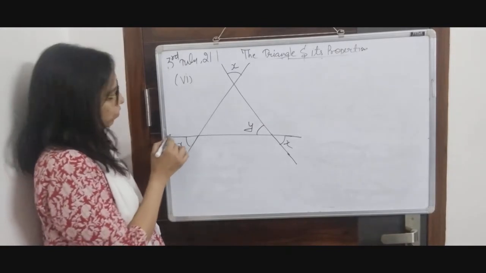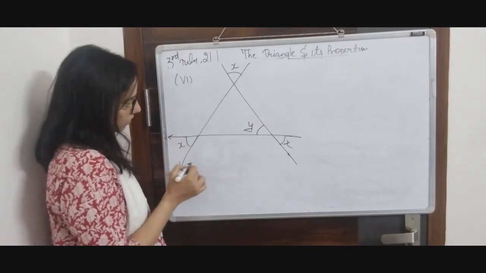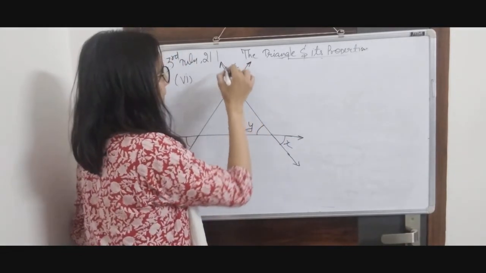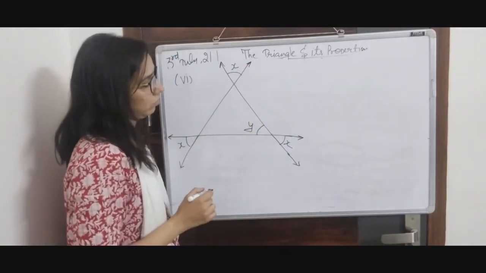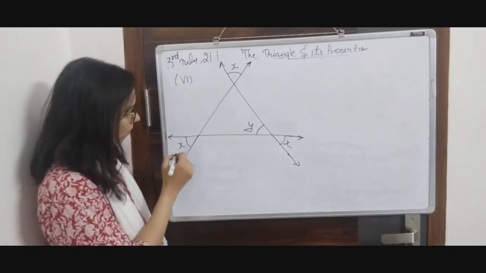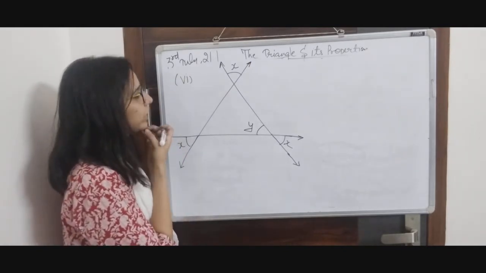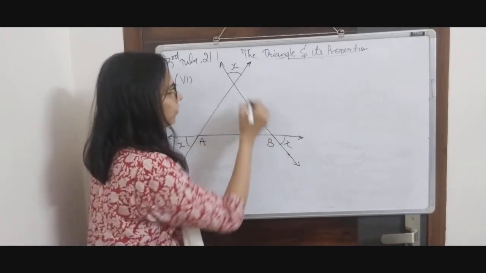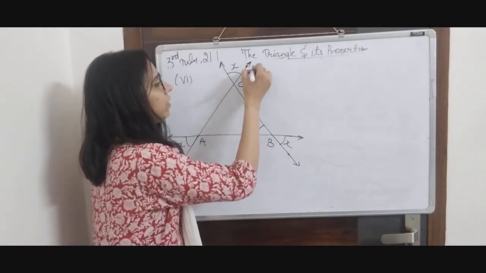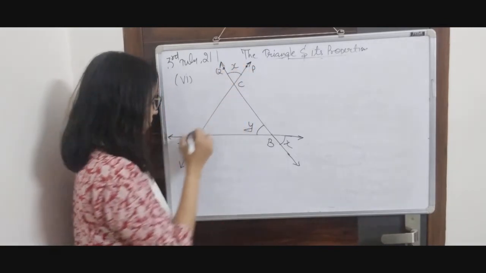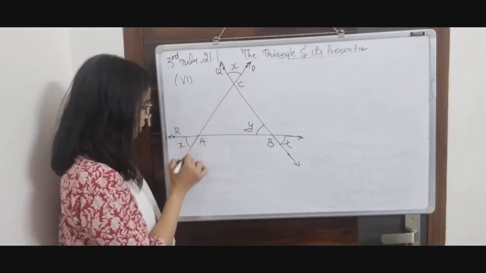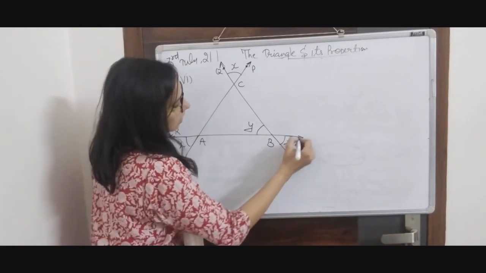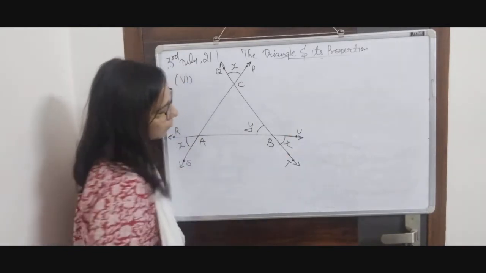So what we will do, we can name the triangle. Or we can do without that also, but we are going to name it anyway, okay? This is ABC, this is P, Q, R, S, T and U, okay?